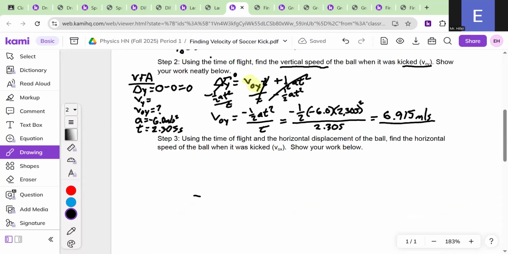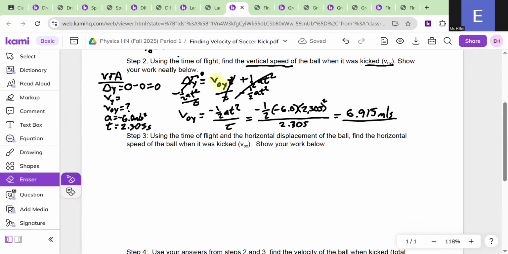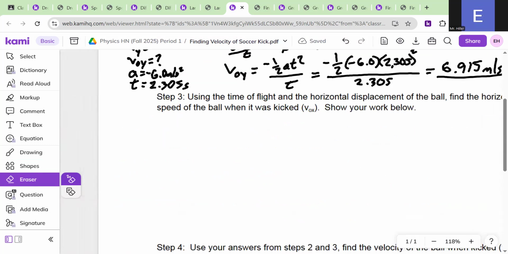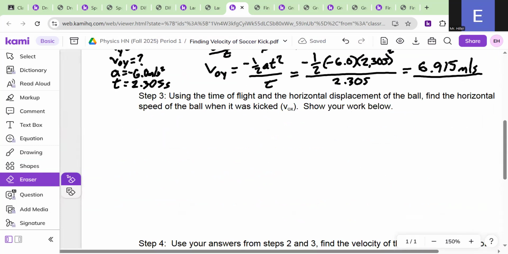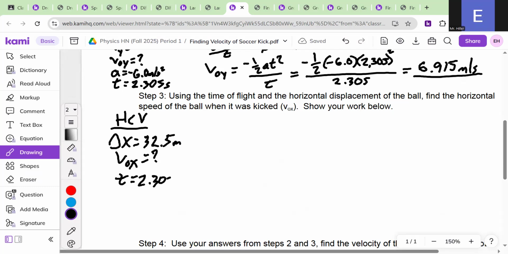Now we're going to use the time of flight and the horizontal position to get the horizontal velocity of the ball. Meaning, let's use the horizontal constant velocity set of data. So delta x was 32 and a half. Remember, that's where it landed. v naught x is what we're going to find. And the time is still the same time, 2.305 seconds. So the equation is delta x equals v naught x t.